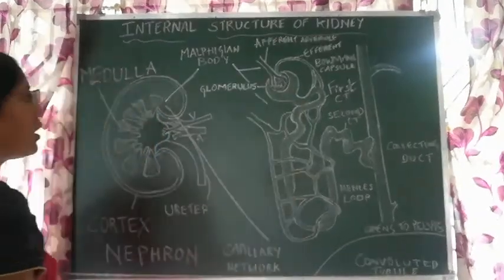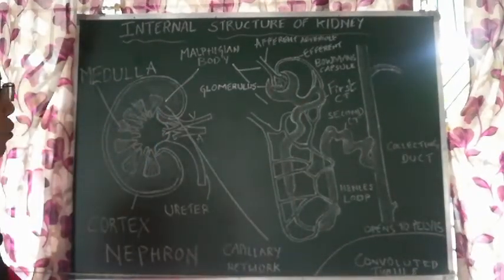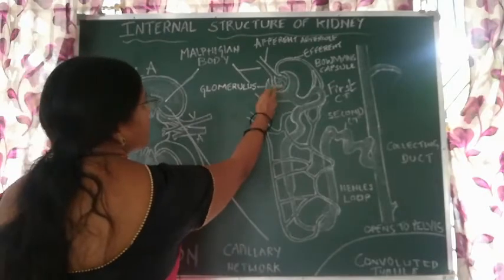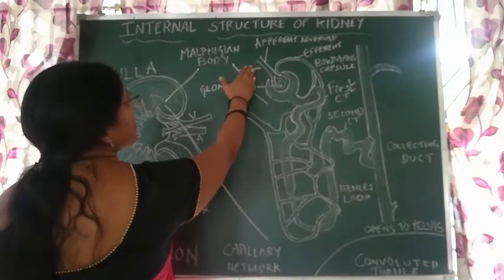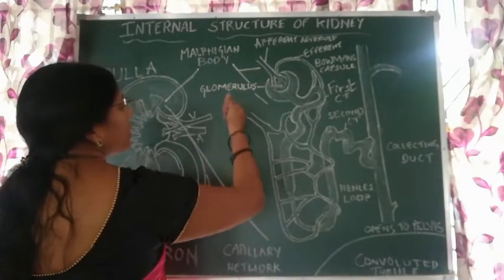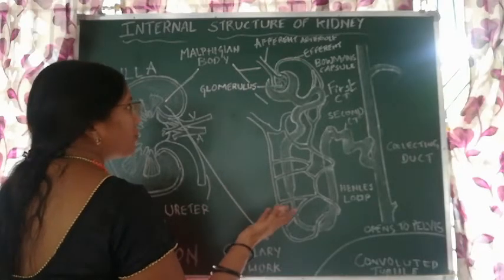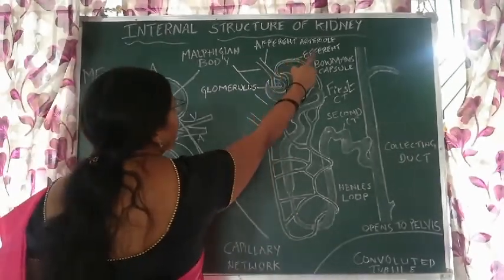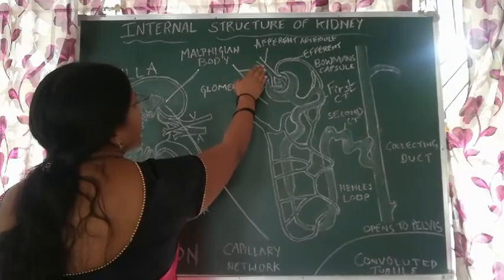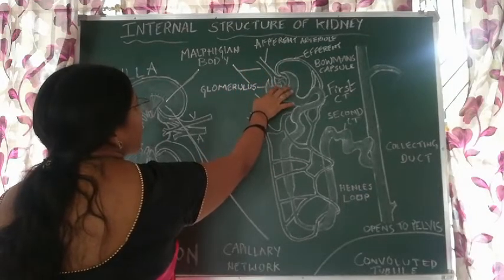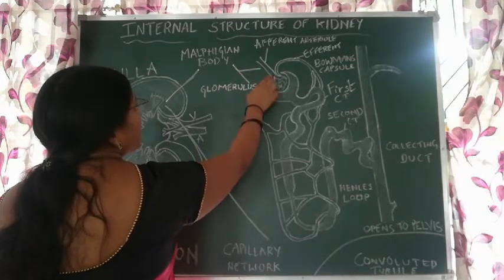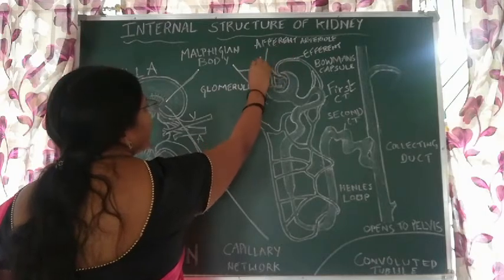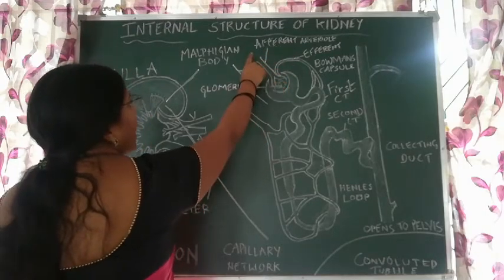Now, what is there inside this cup shaped structure? See, there is an artery. The fine division of an artery is called an arteriole. So, an arteriole is entering into the Bowman's cup. Entering means we call it afferent, meaning coming into.